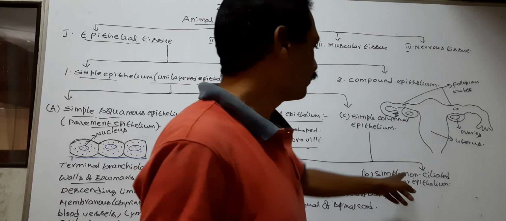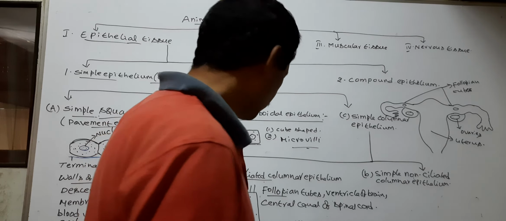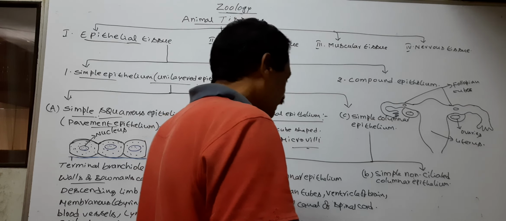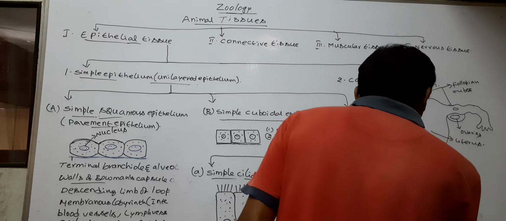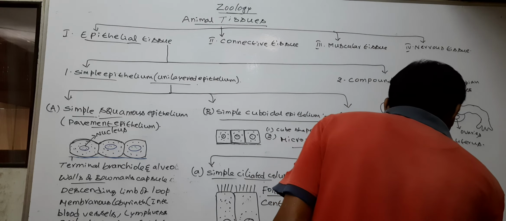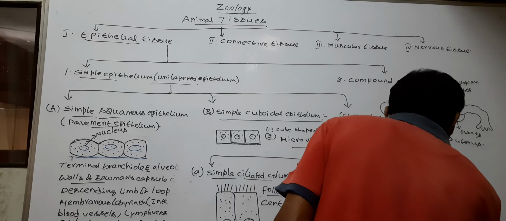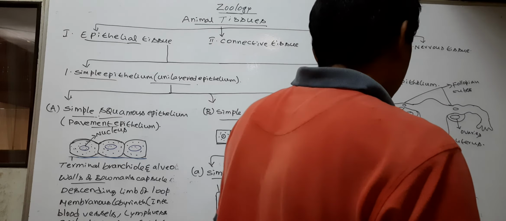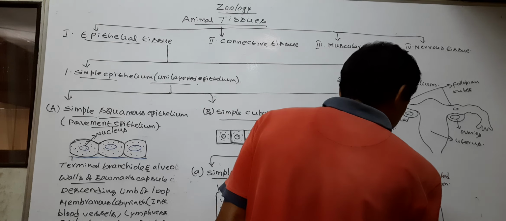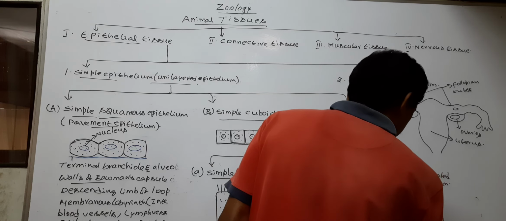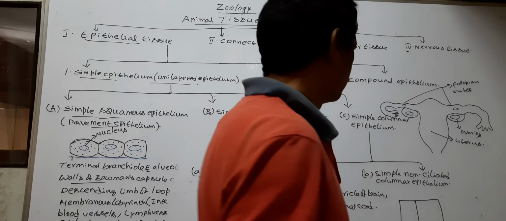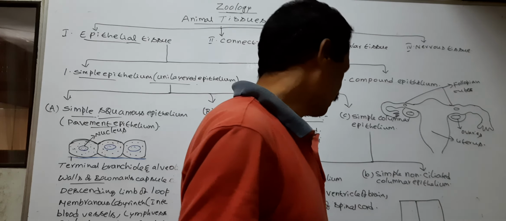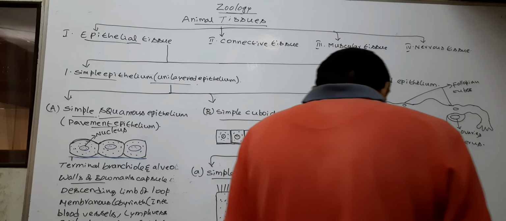Next, simple non-ciliated columnar epithelium. The free surfaces of the columnar cells do not possess cilia. So cilia are absent on the free surfaces of the columnar cells. So this is simple non-ciliated columnar epithelium.